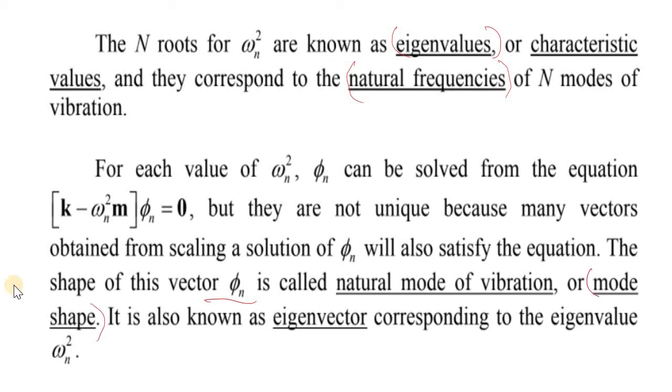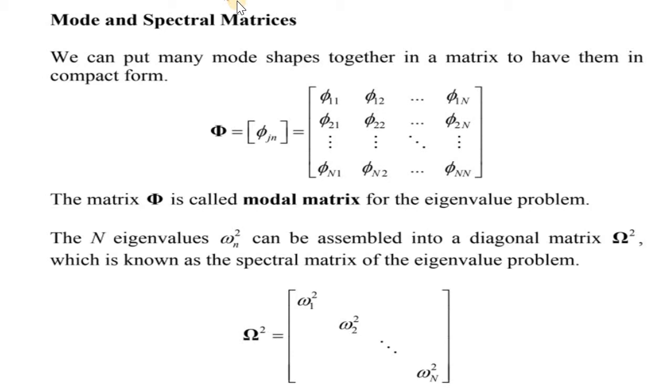Now, this is how the phi n will be. This is how I have just started for this phi. This is known as the modal matrix. Phi is the modal matrix, and here I am taking capital omega square, which is omega 1 and so on. These will be the natural frequencies for an n degree of freedom system.